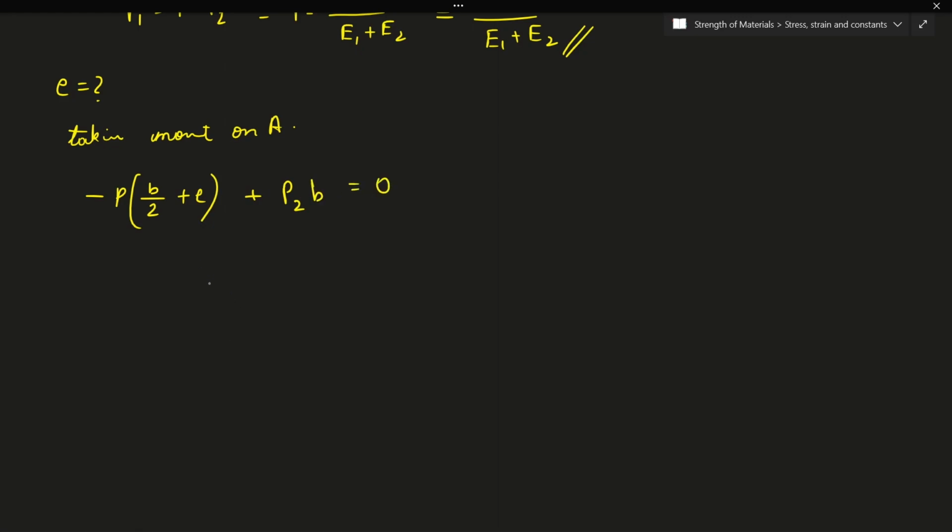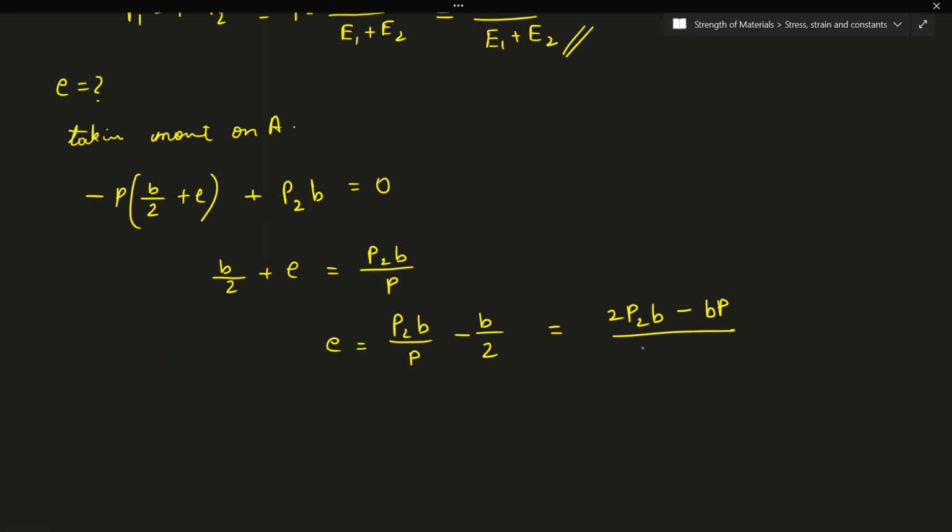Now B by 2 plus E is equal to P2 B by P. Now E is equal to P2 B by P minus B by 2, which is nothing but 2 P2 B minus B P divided by 2P.